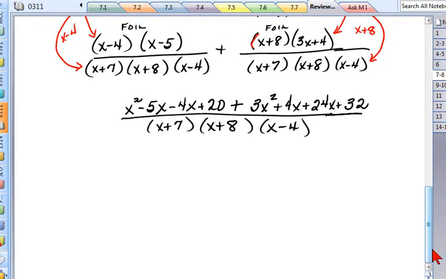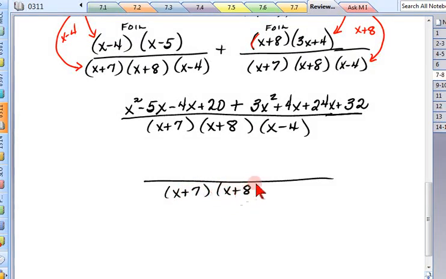All right, we need to combine some like terms, keeping the denominator of x plus 7 times x plus 8 times x minus 4. I have an x squared and a 3x squared, which gives me 4x squared.